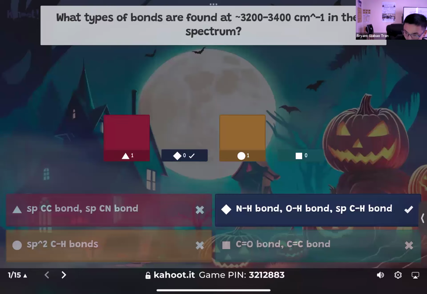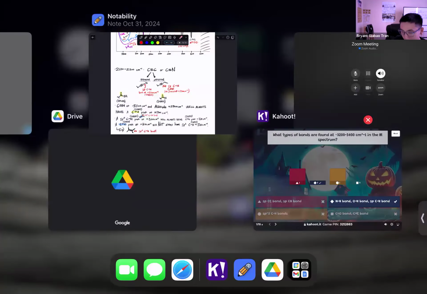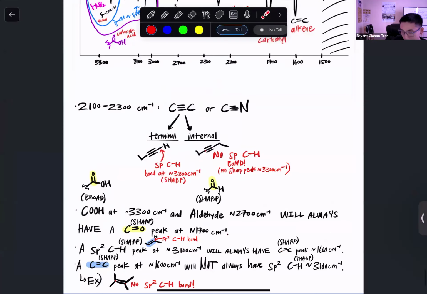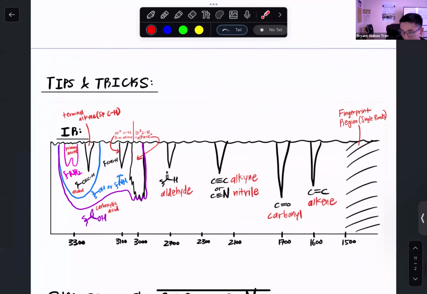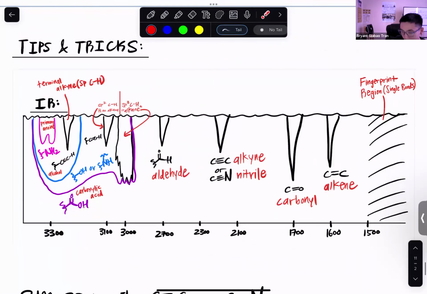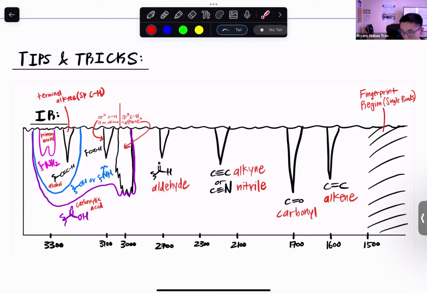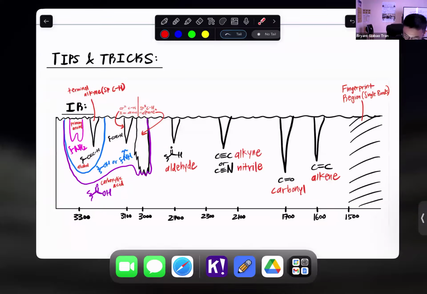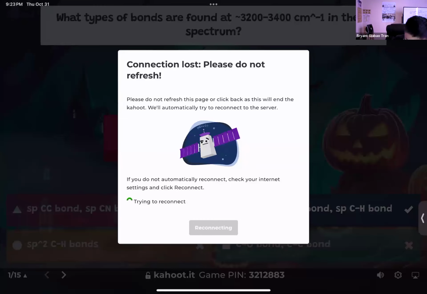Oh shoot, 2000 to 2300, on this chart right here, 2100 to 2300 right here. Look at this really quick, because this will be much needed for this Kahoot. Let me know if you have the screenshot ready. Okay, you got it. Okay, let's go back.